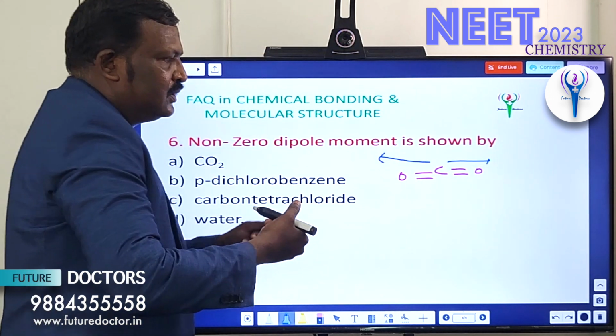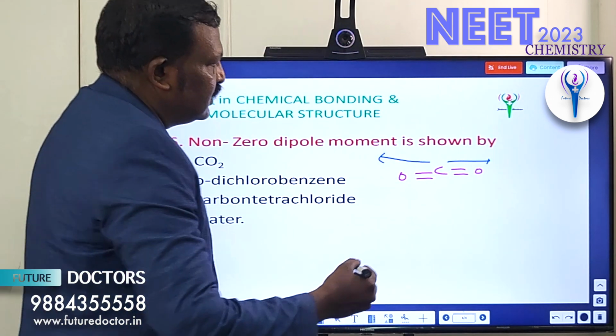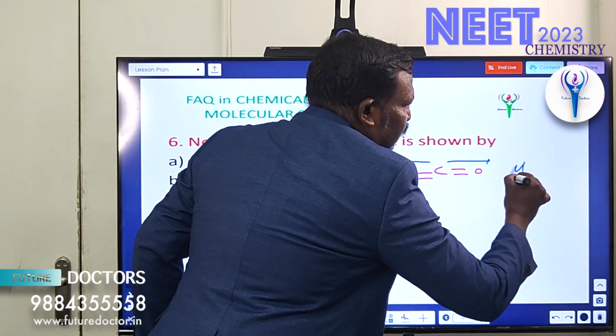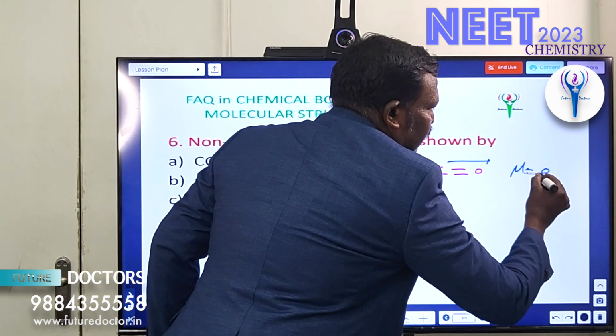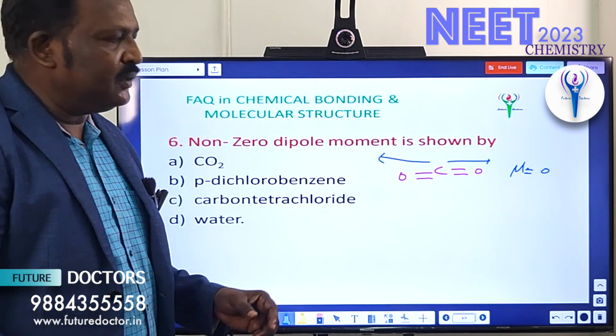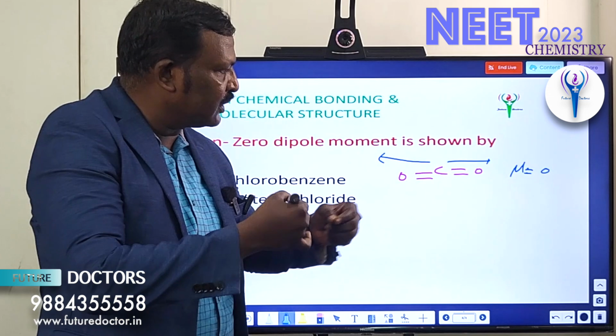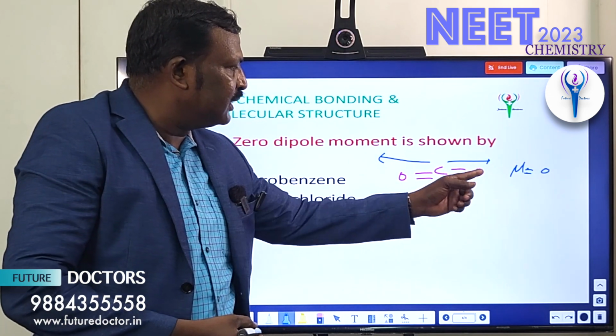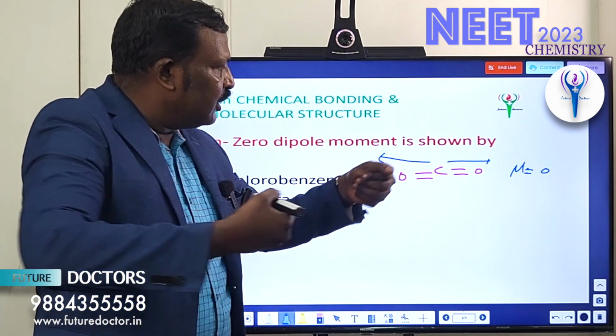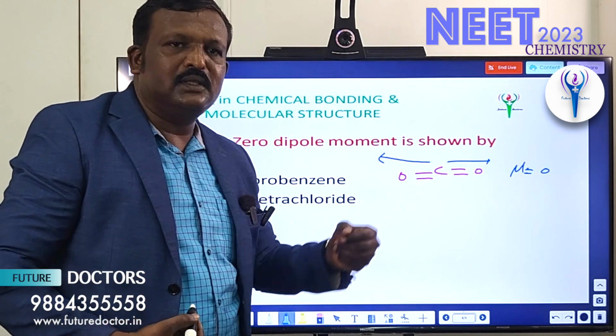You put the arrow marks in opposite directions, so the dipole moment is what? Zero. If the arrow marks are in the same direction, it is a vector quantity. Or simply you can remember it as arrow marks. It depends on the electronegativity only that we can decide. The arrow marks are in opposite directions, so the dipole moment is 0.